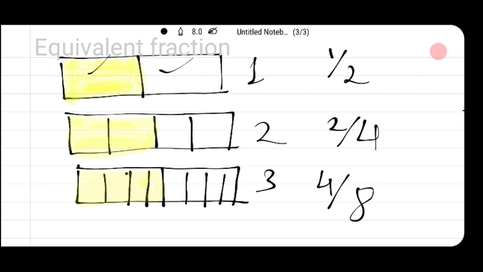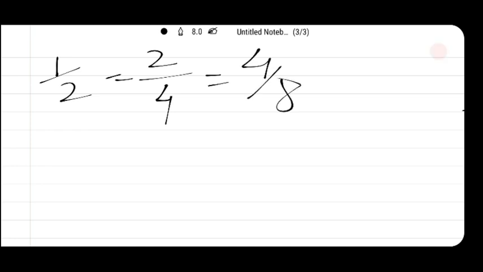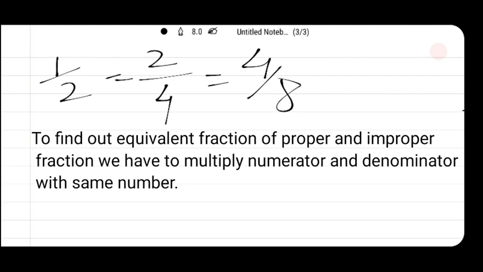Okay, you can understand. That means 1 upon 2 equals 2 upon 4 equals 4 upon 8, because they all represent the half part of the rectangle. To find the equivalent fraction of a proper or improper fraction, we have to multiply the numerator and the denominator by the same number. Remember this point.